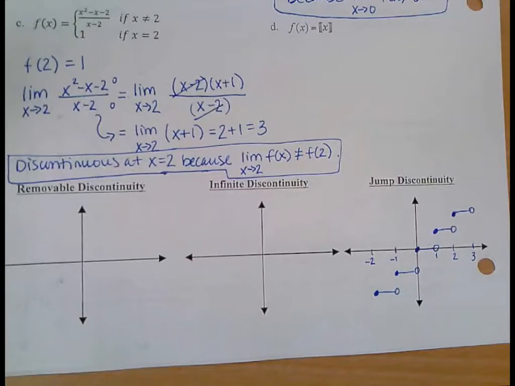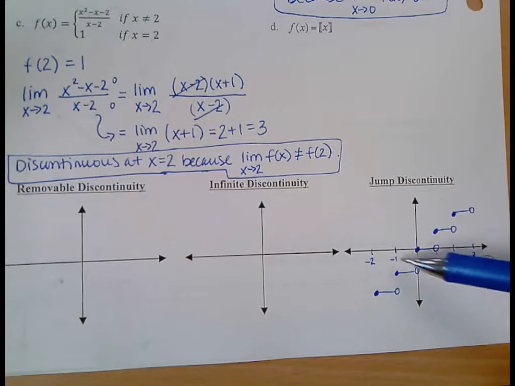All right, so thinking about the function itself, or it might be more helpful if you think about what the graph looks like. Where would you say this function is discontinuous? At every integer, yes. So at the x value 0, it's discontinuous. 1, 2, 3, it would be.